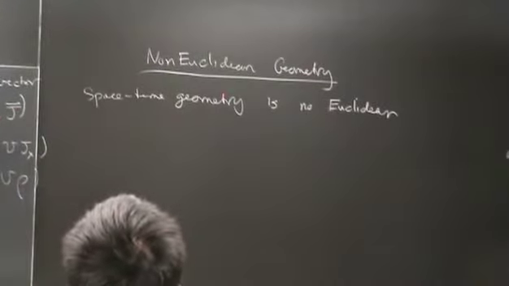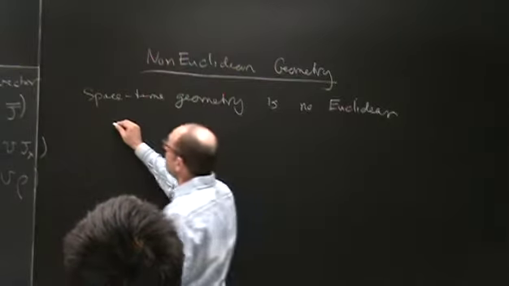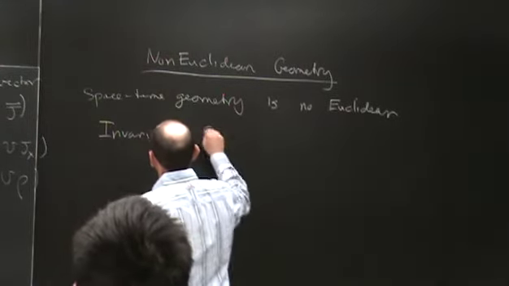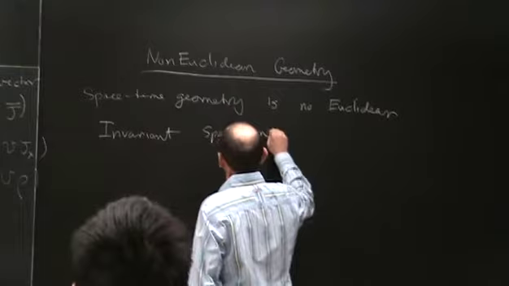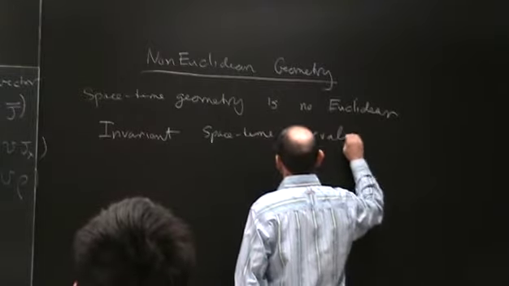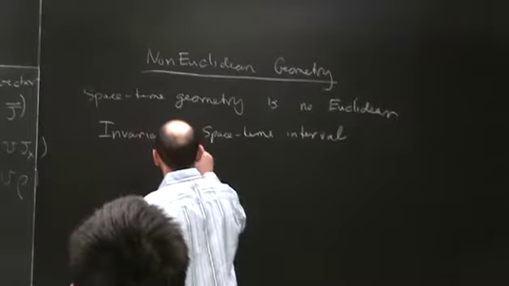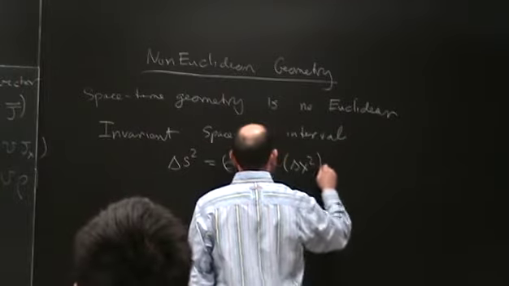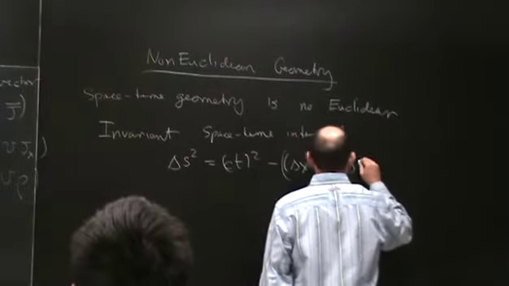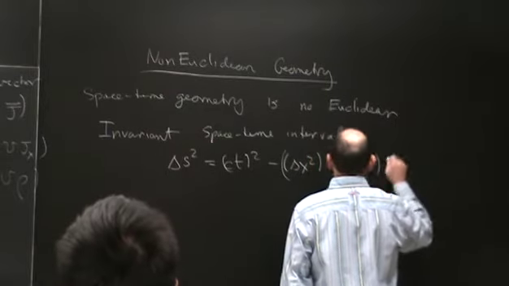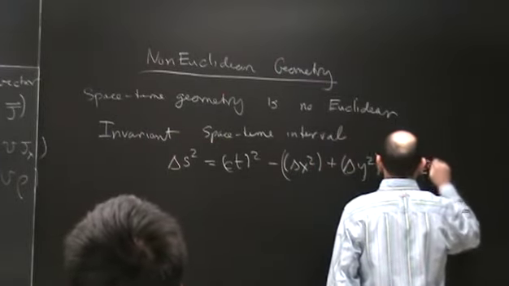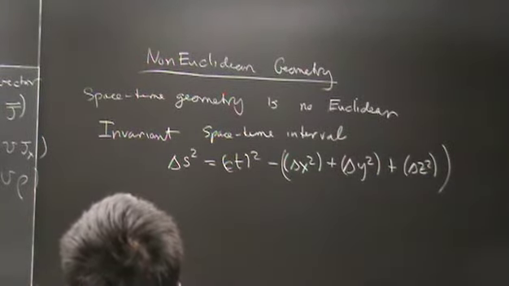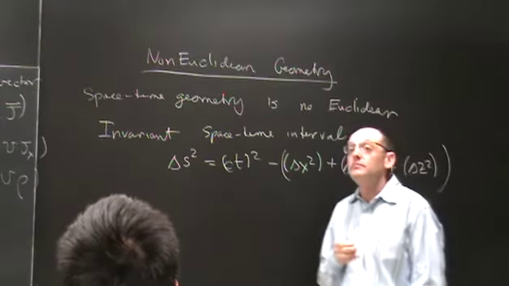Well, what we found was that an invariant space-time interval between two events was this. And that interval is not a Euclidean interval, right?